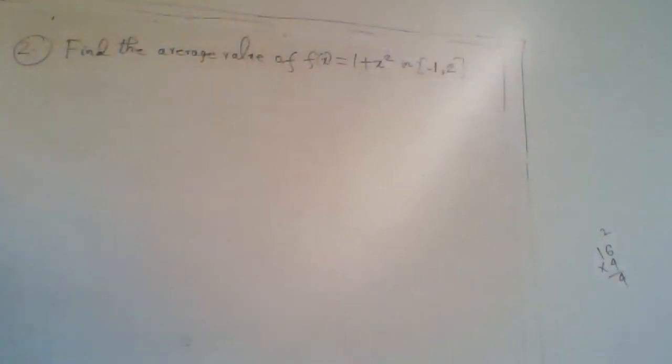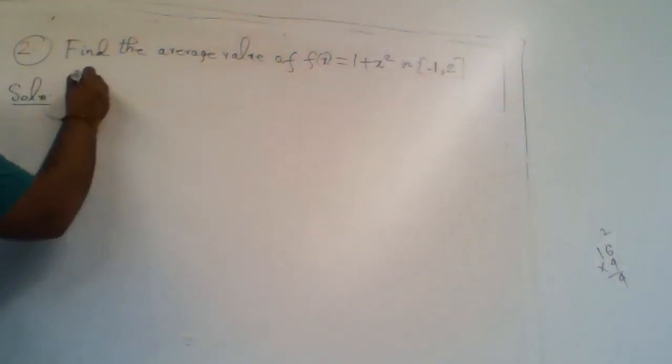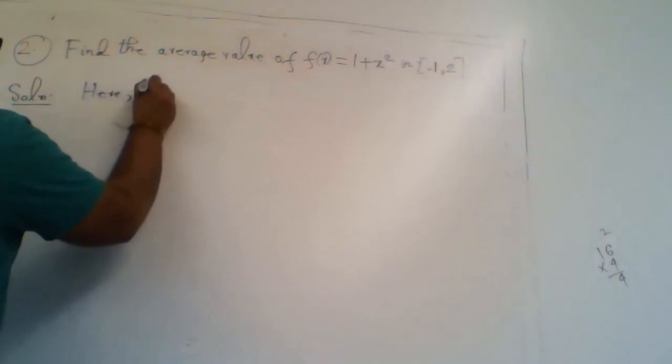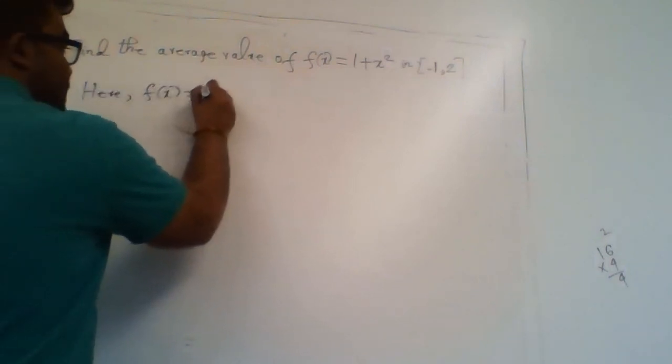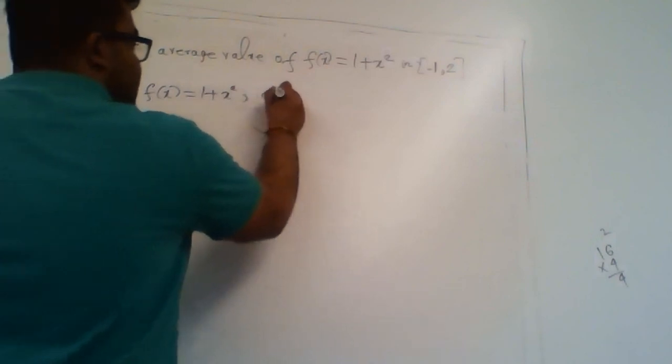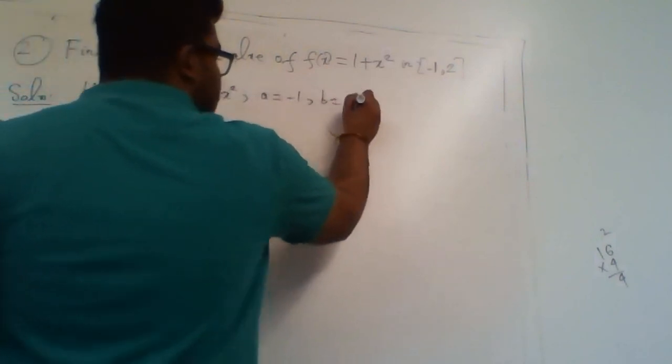Okay, so now the same formula here. f(x) is 1 plus x squared, here a is minus 1 and b is 2.